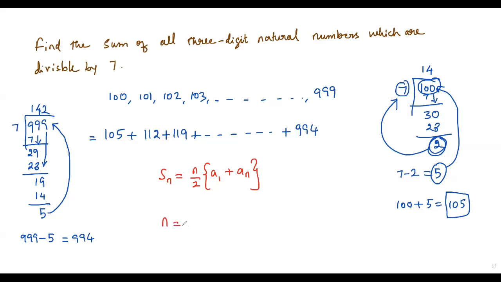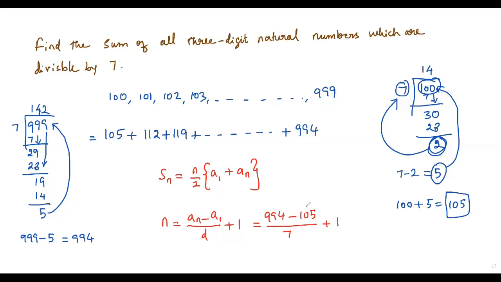So there is a formula to find the value of n. The formula is n equals (last term - first term) over d, plus 1. Okay, here what is the last term? 994 minus the first term, which is 105, and d stands for the common difference, which is 7, plus 1.